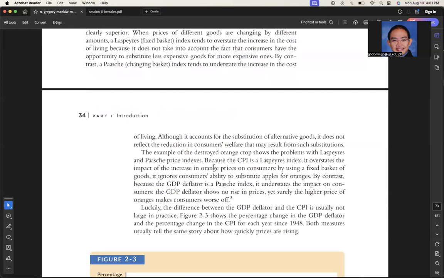In other words, remember that example of the orange shock. If the oranges suddenly stop being available, your GDP deflator will not really change. However, there are people who will miss oranges and will get hurt by the fact that they are not available anymore, and that welfare effect is not going to be reflected.